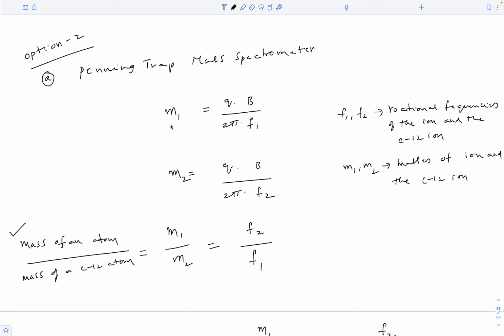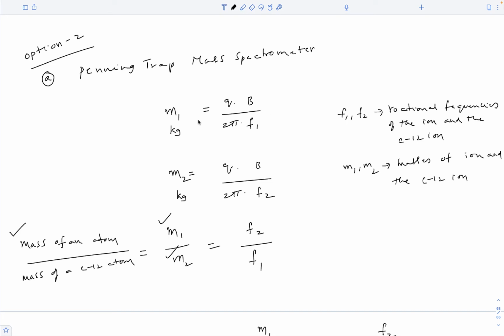So you cannot determine the value of M1 in kilograms accurately. You cannot determine the value of M2 in kilograms with great accuracy. But you are saying you can determine the ratio accurately? Yes, that is the beauty of it.